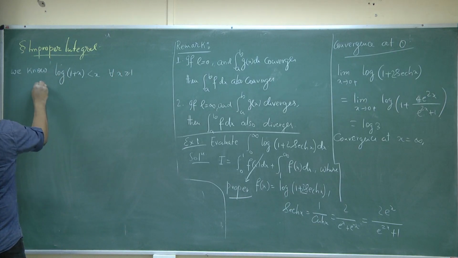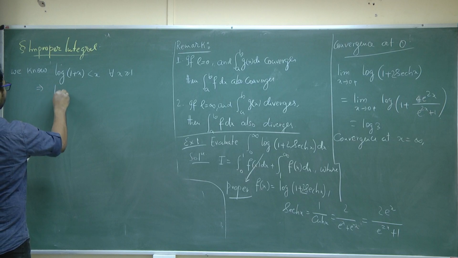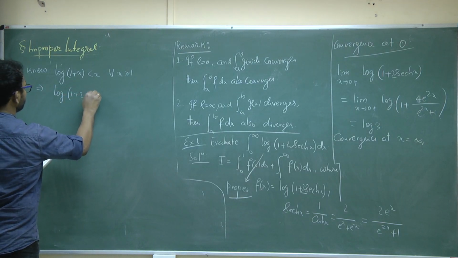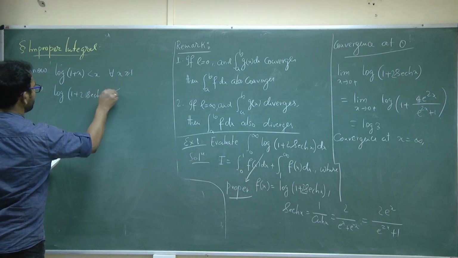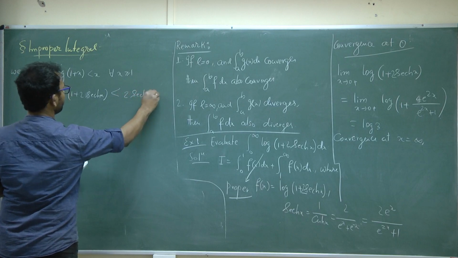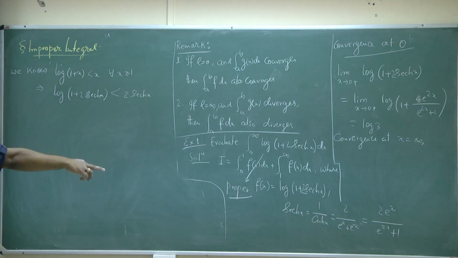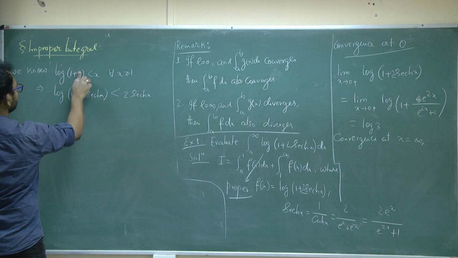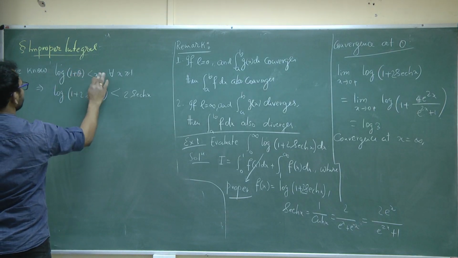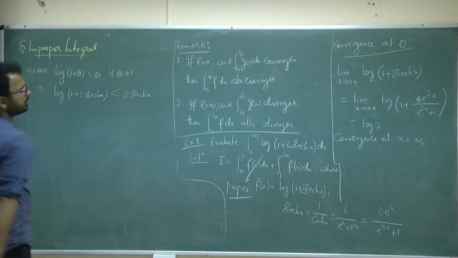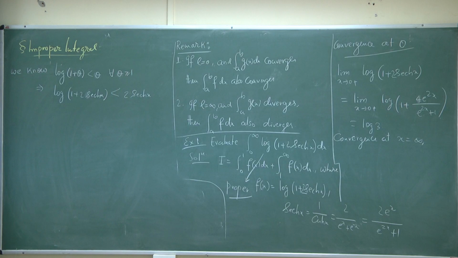So therefore, log of 1 plus 2 sech x is less than simply 2 sech x. Here, if I treat this as x, it's better to write theta so that you can avoid the confusion. So for all theta greater or equal to 1, now I am choosing theta equals 2 sech x.